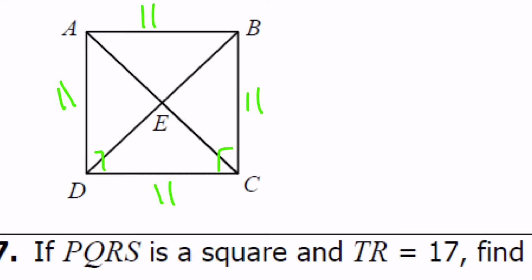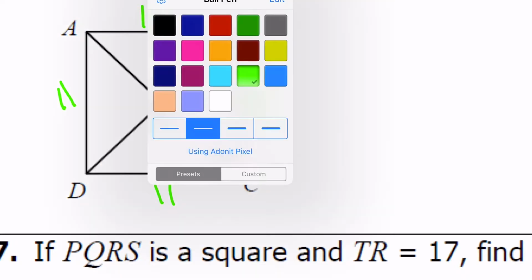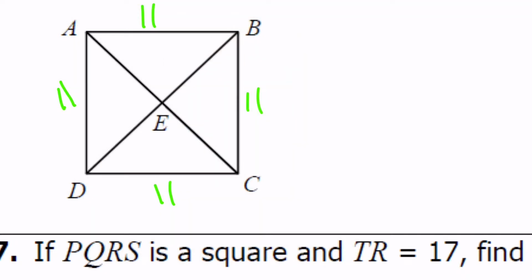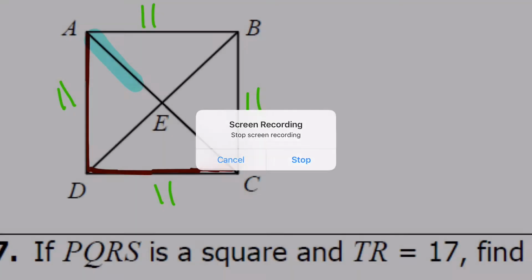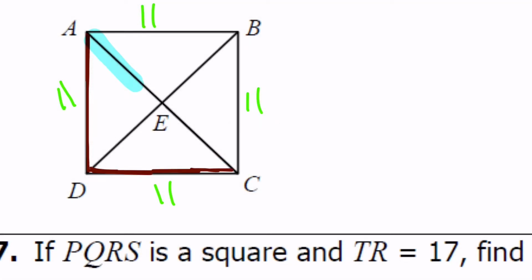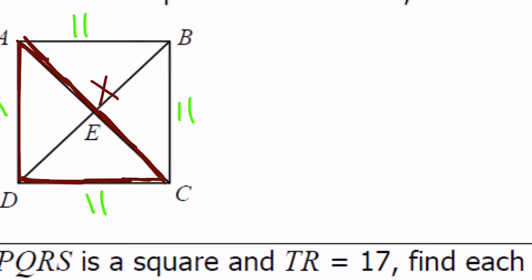So I can split this into a right triangle where AC is the hypotenuse, and use my Pythagorean theorem to solve.